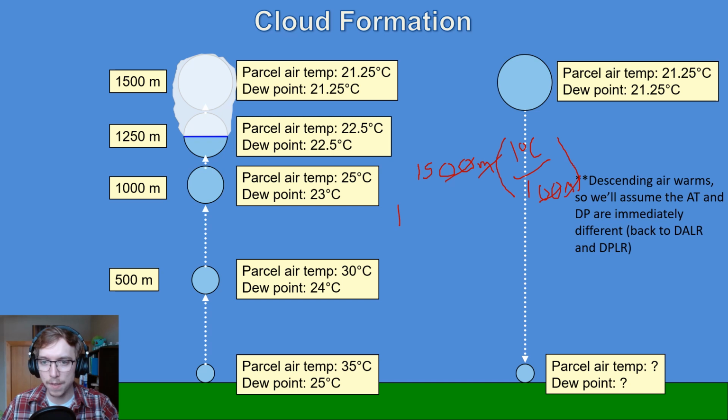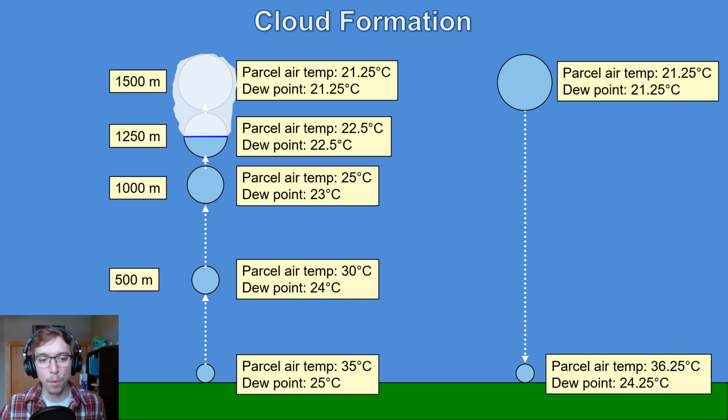That's basically going to say that you have 15 degrees Celsius of warming. So that says that we're going from 21.25 degrees Celsius to 36.25 degrees Celsius, right?